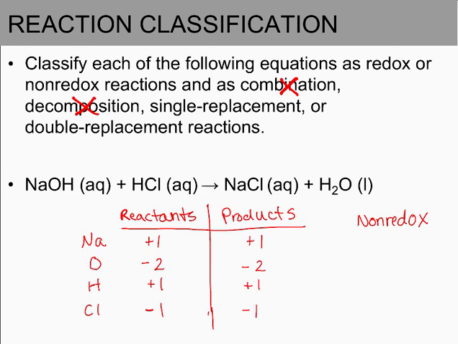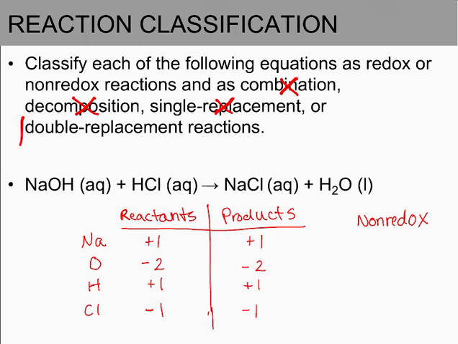So now we have to decide if this is a single replacement reaction or a double replacement reaction. Now, remember in a single replacement reaction, we have one element and one compound in the reactants. And that's not the case here, so we can rule out single replacement.